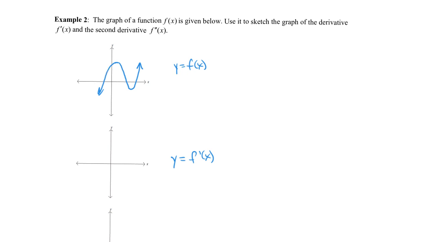The easy thing is to look up here and see that there's a slope of 0 right here. There's a slope of 0 right here. So I'm just going to look at this x coordinate. At that x coordinate, the slope is 0. So I'm just going to drop this straight down to here, and right there is going to be a 0.